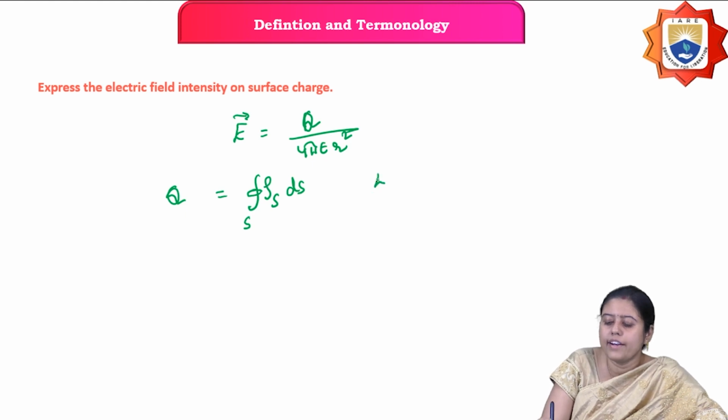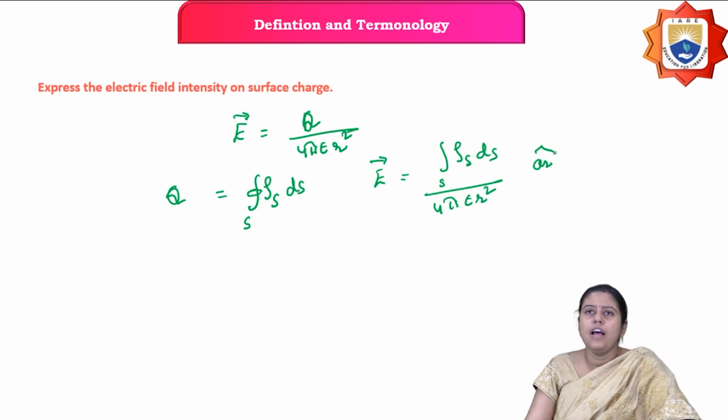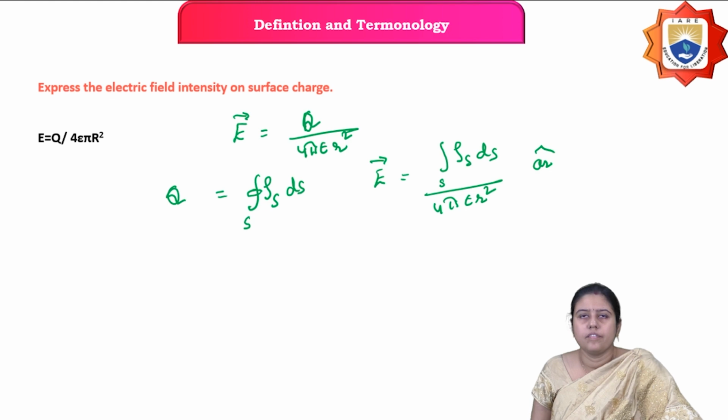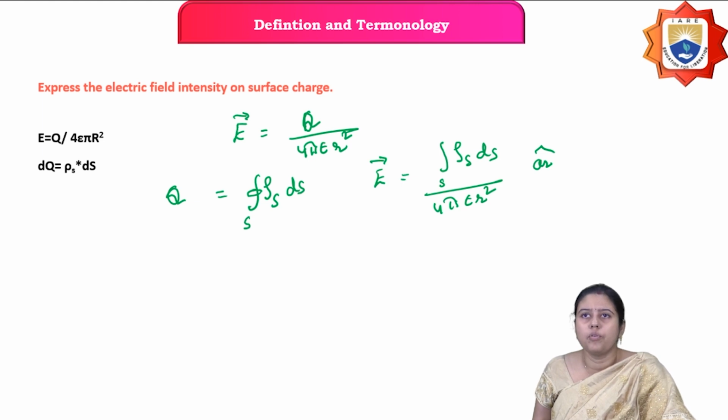So we can write electric field intensity is equal to rho S dS by 4 pi epsilon R square. And the direction is aR, and dQ is equal to rho S dS. So we can write it like this.